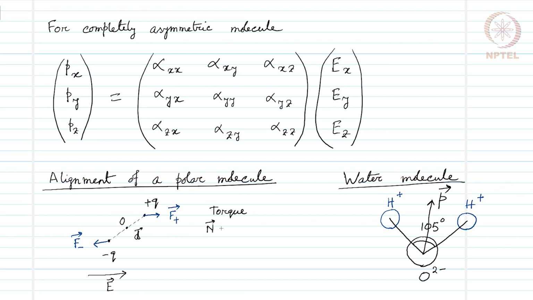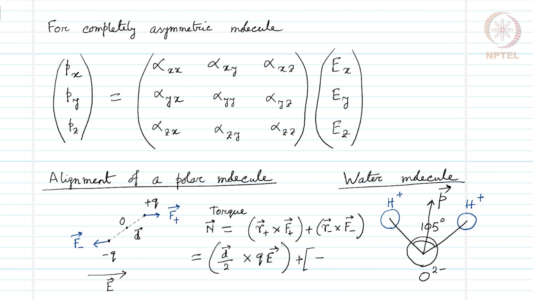If we call that torque as N, that would be given as R plus vector cross F plus vector plus R minus vector cross F minus vector, and that turns out to be d over 2 cross QE plus minus d over 2 cross minus QE, which is essentially Q d cross the electric field.